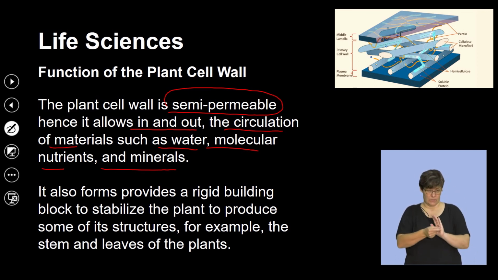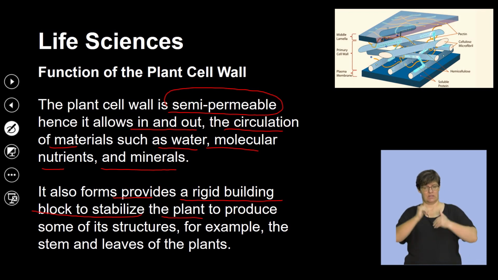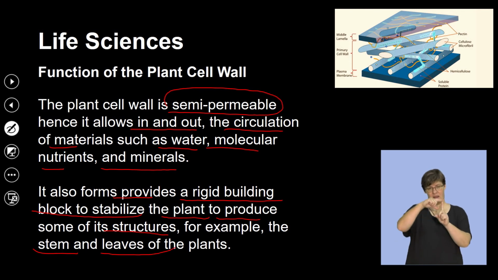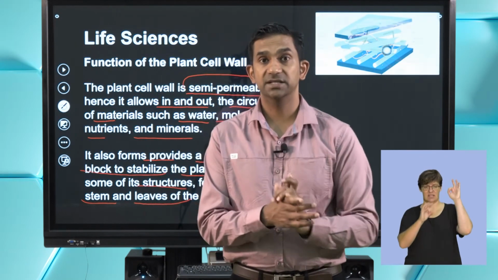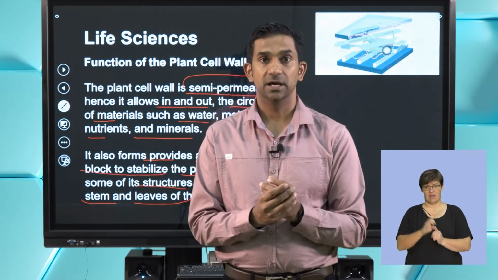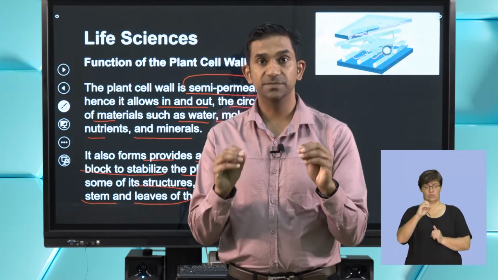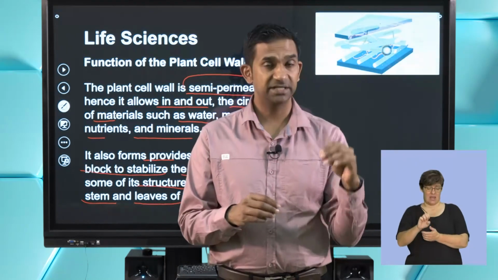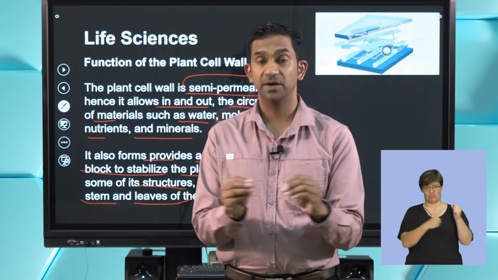It also provides support in terms of a rigid building block to stabilize the plant and produce some of its structures, for example, the stem and leaves of the plant. When we discuss the structure of a plant cell, we know that it lacks an exoskeleton, but its strength comes from the middle lamellae, where it has these cellulose fibers and pectin, which give it structural shape and form.